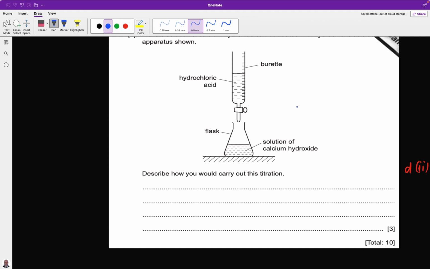Thirdly, you take the initial burette reading of the acid. Fourthly, you open the tap and add acid from the burette into the conical flask until the indicator changes color. And immediately it changes color, you take the final burette reading of the acid. That is how you can describe how to carry out this titration.